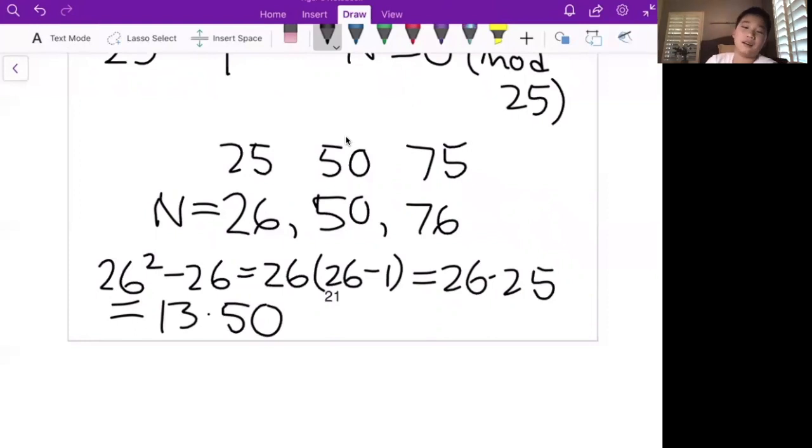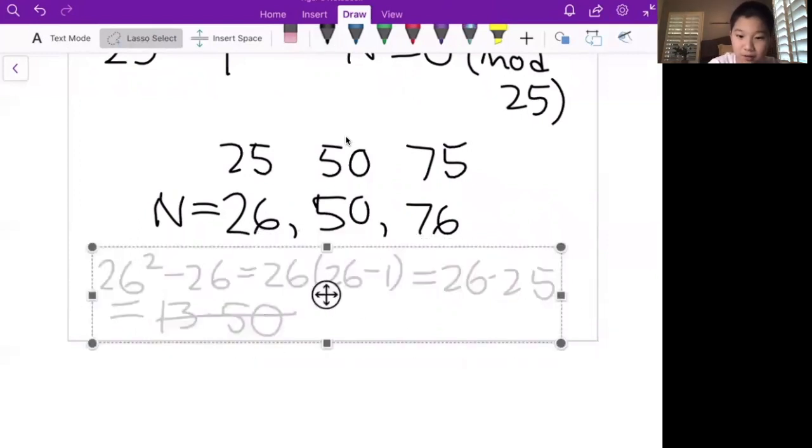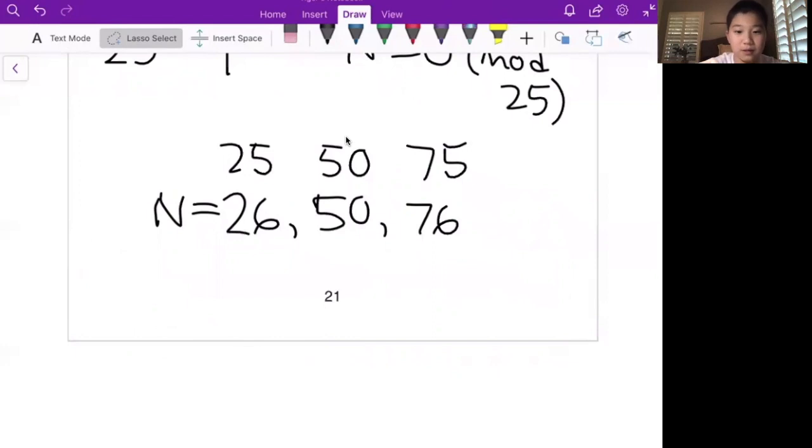I just moved the 2 from the 26 into the 25, making it 50. This doesn't work. Nope. Okay, so let's try 50. Well, 50 squared is 2,500, and 2,500 definitely does not end in 50.